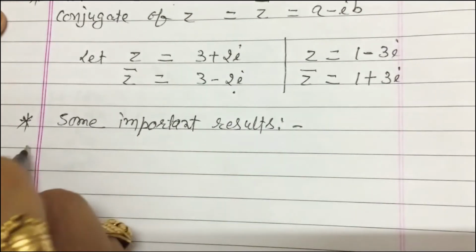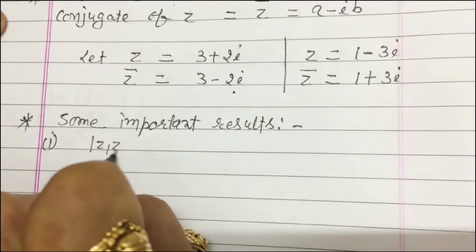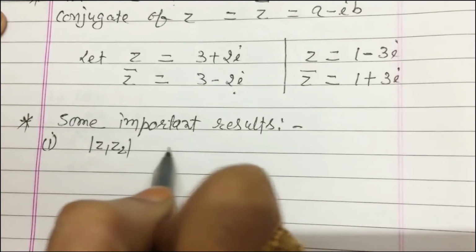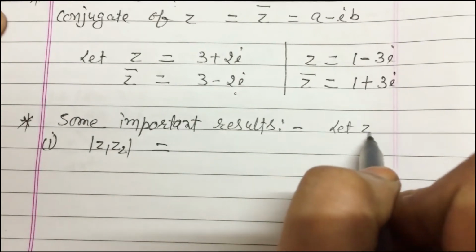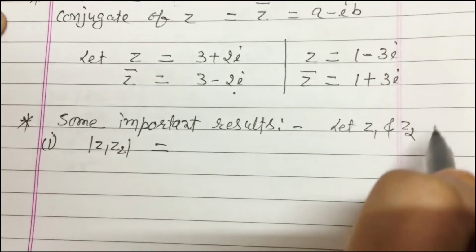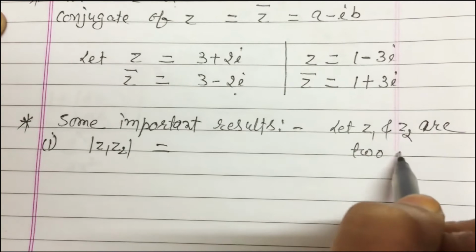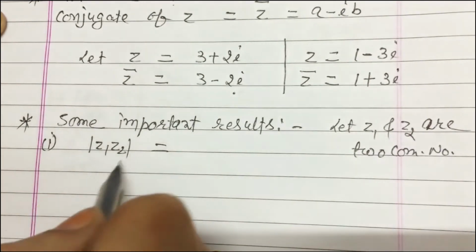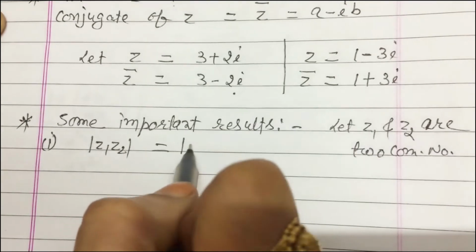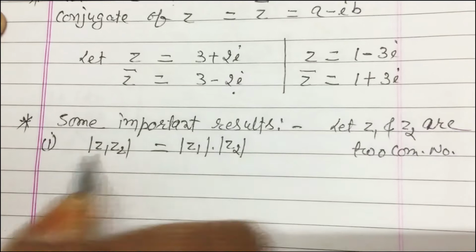First is modulus of z1 z2. Here z1 and z2 are two complex numbers, then modulus of z1 z2 is equal to mod of z1 into mod of z2.